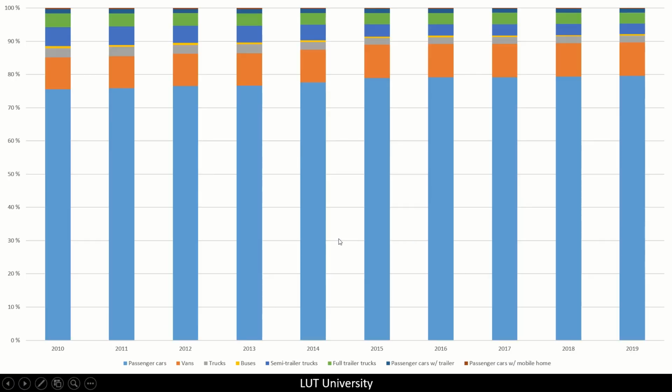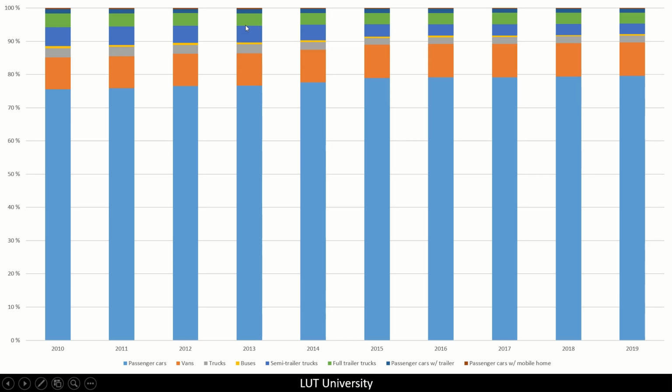Here we can see the dispersion of the different vehicle types that are used on the E18. So the legend is down here, and we can see that passenger cars are dominating. 70 to 80% of vehicles are passenger cars, and all the others come after that.